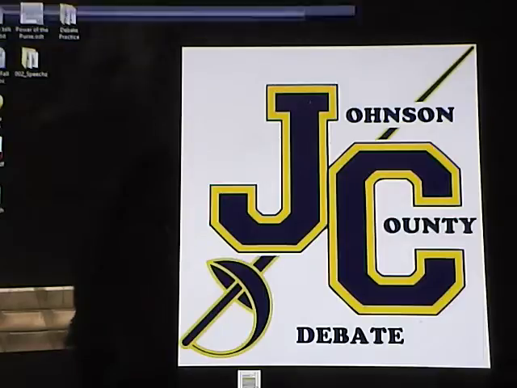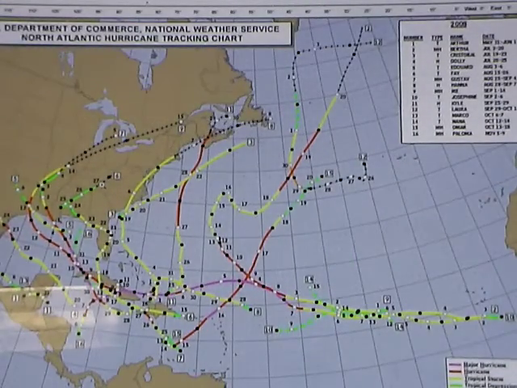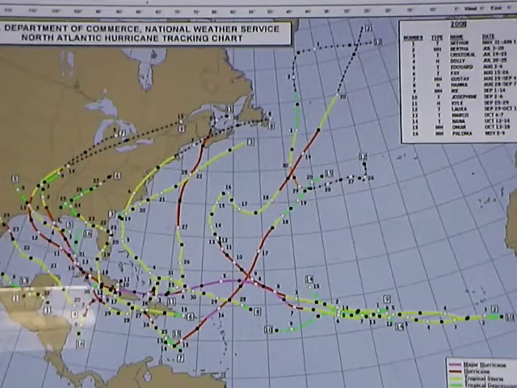For example, if I were giving a speech about how there needs to be strict hurricane-resistant building codes inside of the Gulf of Mexico, I could show you this map. This map shows a bunch of hurricanes hitting the Gulf of Mexico right in here.